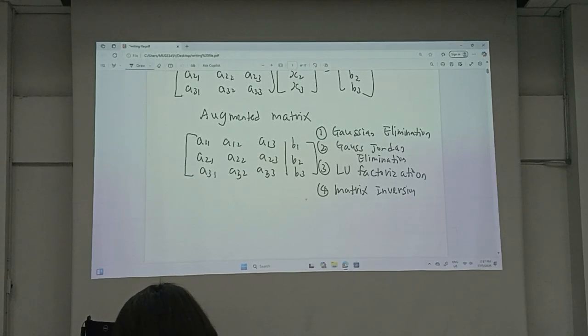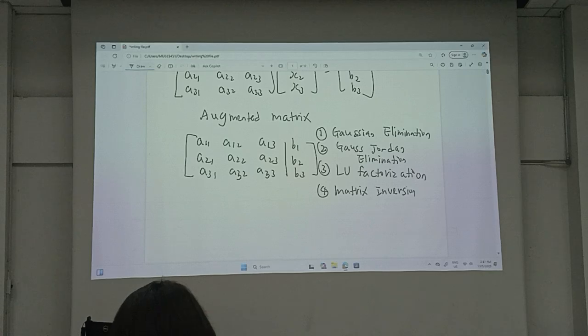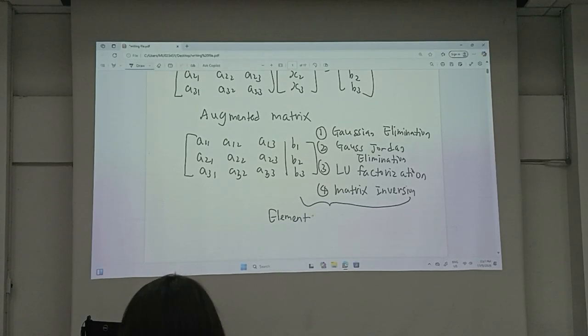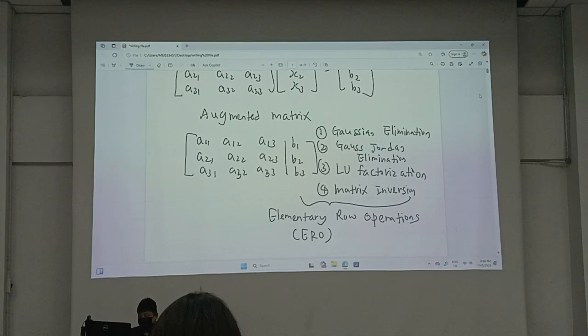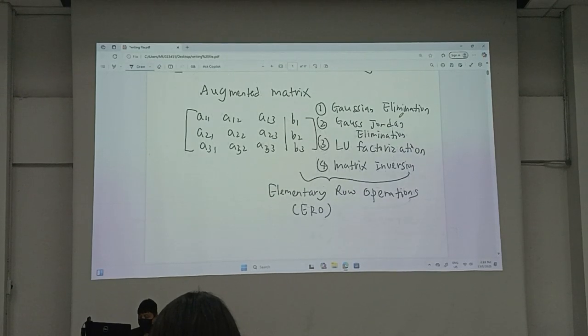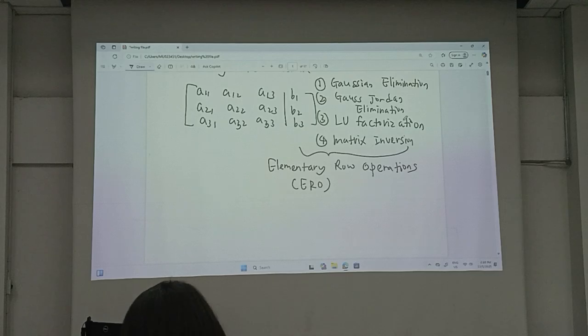Before that, these four methods use elementary row operations. So what does elementary row operation mean? ERO. Let's go through elementary row operations first.